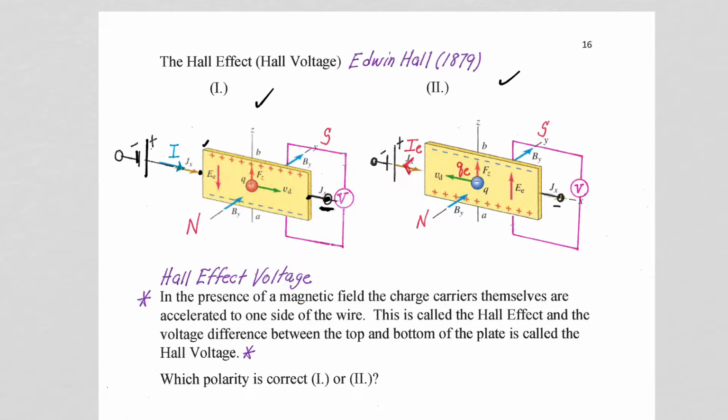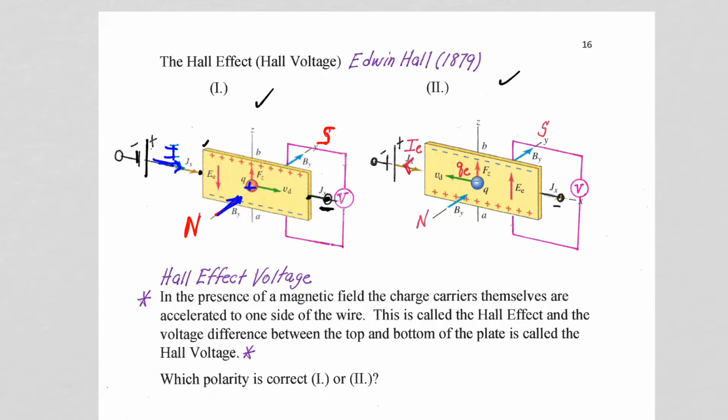Now, let's first consider conventional current. So we're going to let the flow of current, conventional current, go to the right. That's positive charge carriers. We are going to utilize a magnetic field because the Hall effect always utilizes a magnetic field. So we have a north pole of a magnet here, the south pole of a magnet here, generating a B field straight into the paper, perpendicular to the plate.